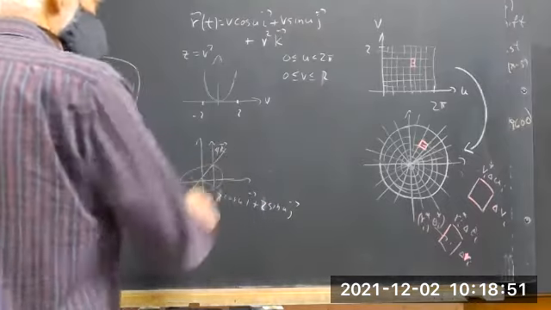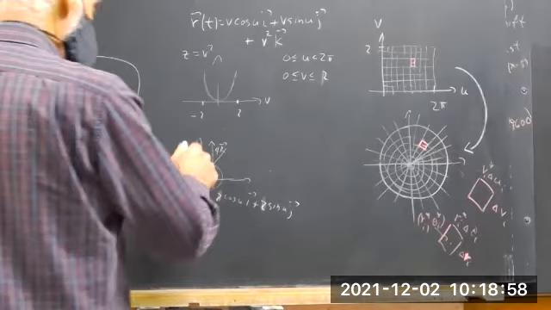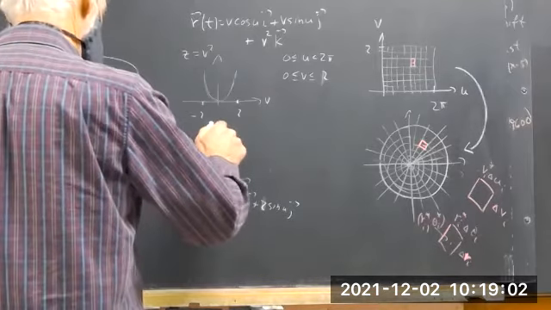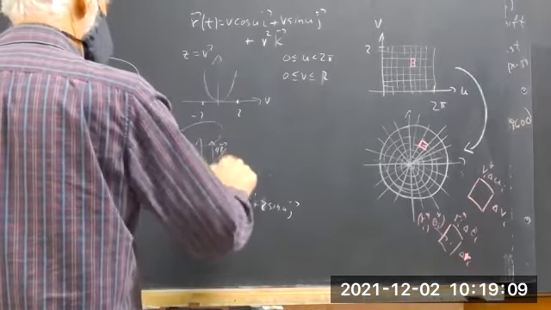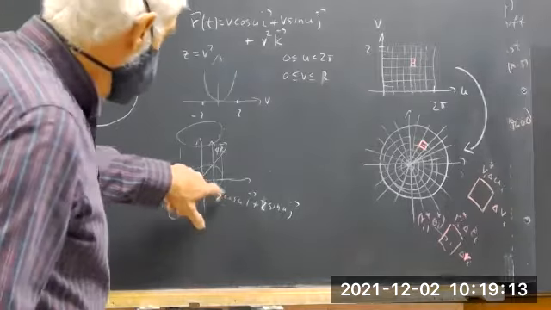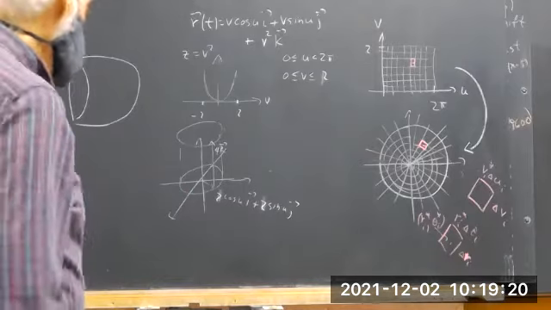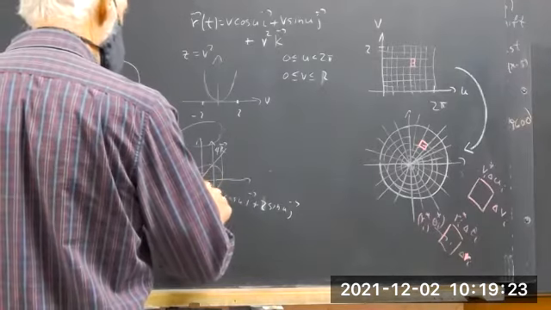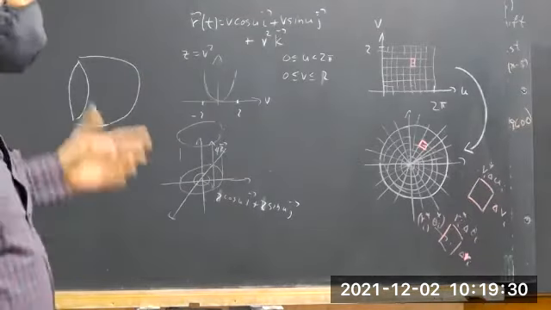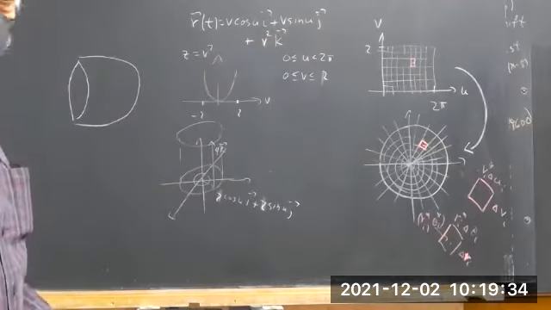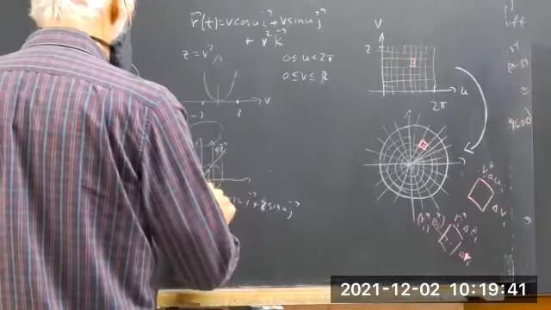What does that mean? Your r vector is out here. I don't want to draw it, it's going to get in the way. Above this circle, you've got a circle 4 units higher of the same radius. If you go to the circle of radius 1, that's your v equals 1 circle, so you come up 1 unit. 1 unit is not that far, so we'll come up about this far.